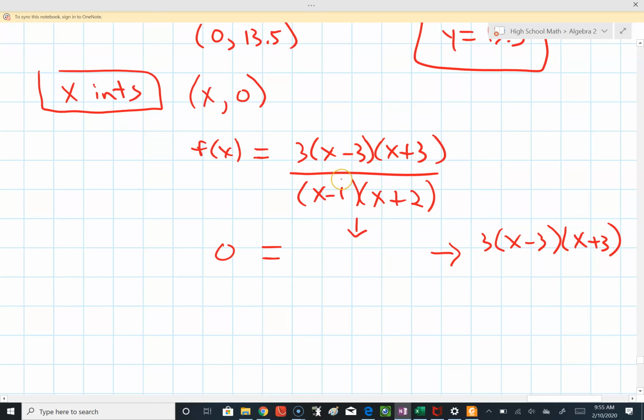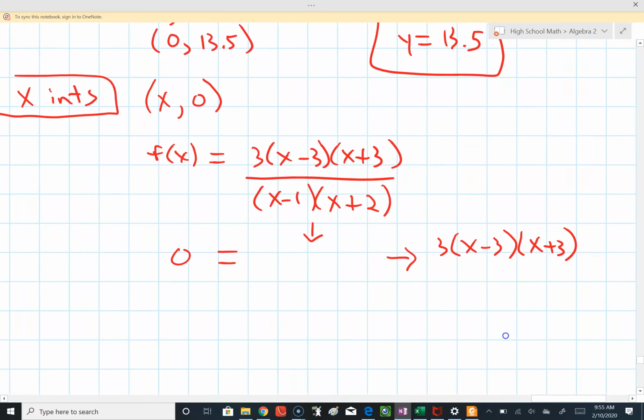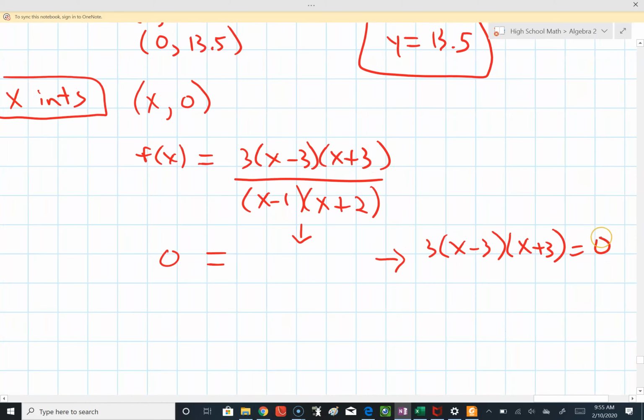And again, we have a product. We can set each one of these factors equal to 0. Well, you can't set 3 equal to 0. It's constant. If we set x minus 3 equal to 0, what's the associated x? 3. Good. If we set x plus 3 equal to 0, what's the associated x? These are the x-intercepts, 3 and negative 3.